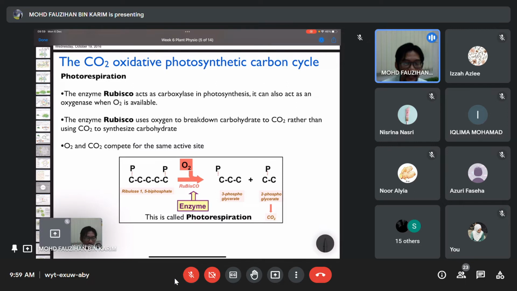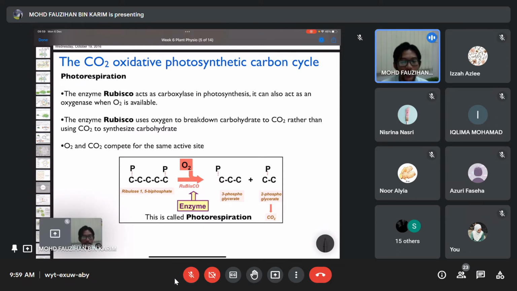Carbon dioxide tak ada, carbon dioxide has no significant energy in itself. Ribulose 1,5-biphosphate is a molecule that has no significant energy either. And then suddenly, how does the glucose contain energy? Tu yang kena fikir, right?